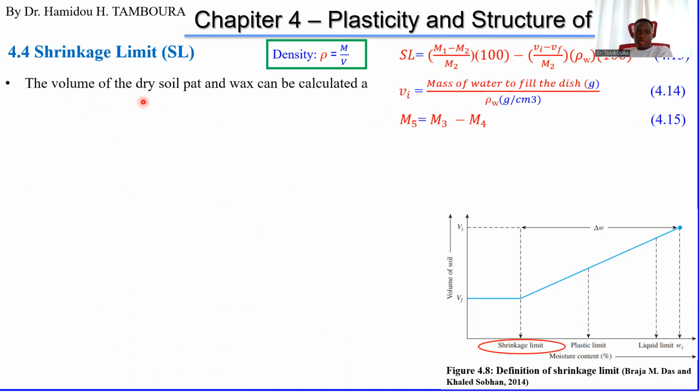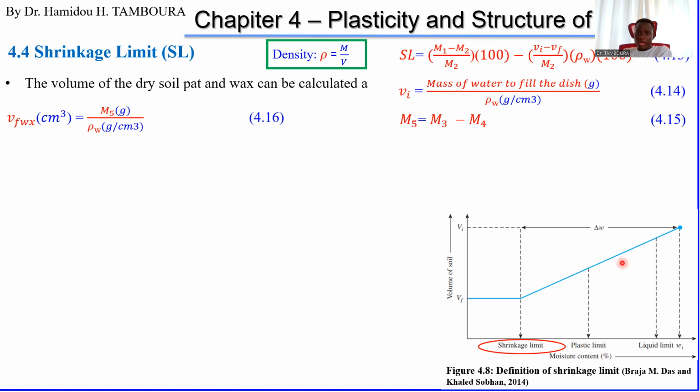So now the volume of the dry soil part and the wax can be calculated by using this formula. This volume includes both the dry soil and the wax.